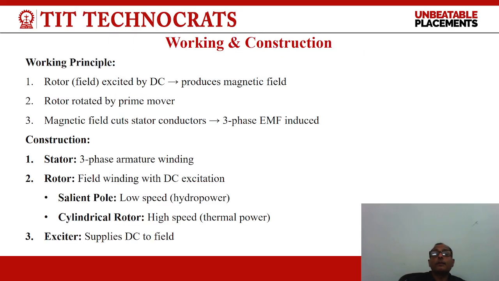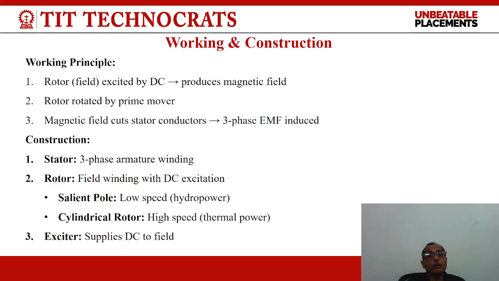Working principle of the three-phase synchronous generator. The three-phase synchronous generator basically has two parts: stator and rotor. The rotor is the rotating magnetic field. On the rotor we have the magnetic poles which produce magnetic flux.